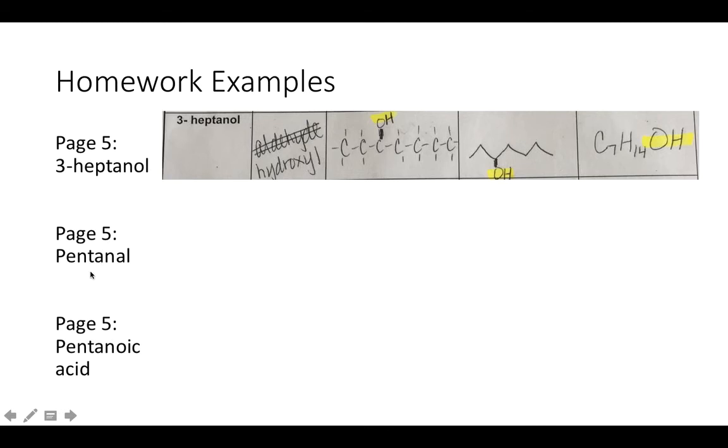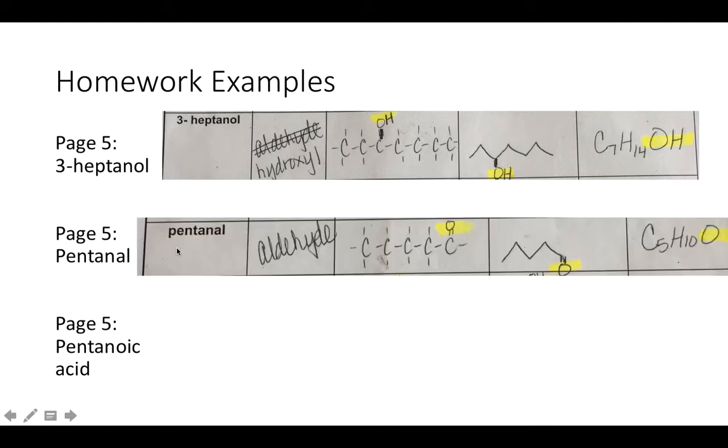Okay, pentanal. Pentanal ends, the suffix is "-al", which tells you, hey, that's an aldehyde. Okay, that's automatically a terminal, right? So I don't need a 1, I don't need a 5 in front of pentanal because it's always going to be assumed, hey, that's going to come on the end.